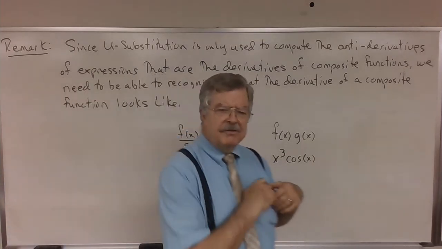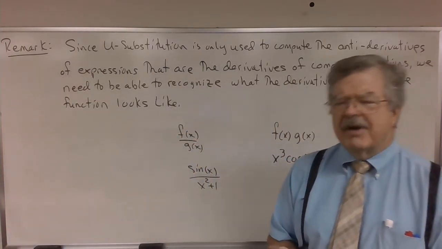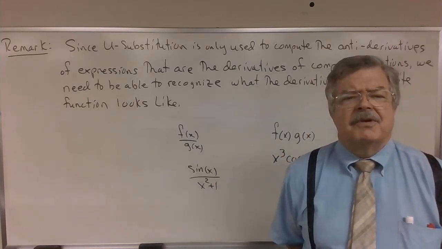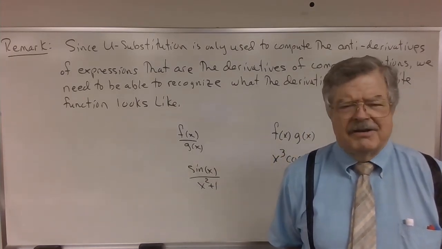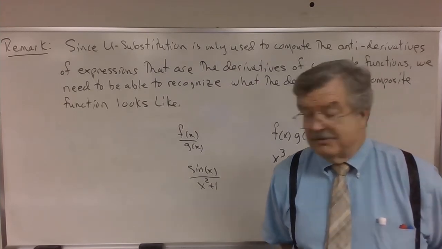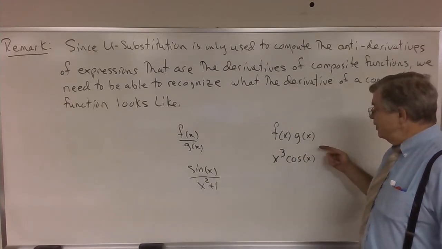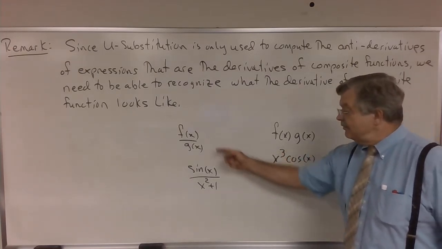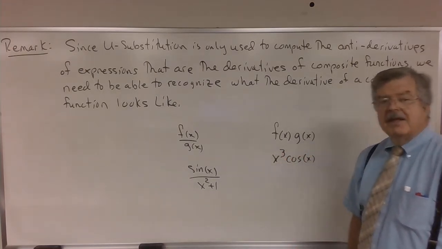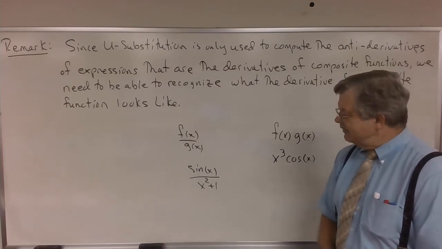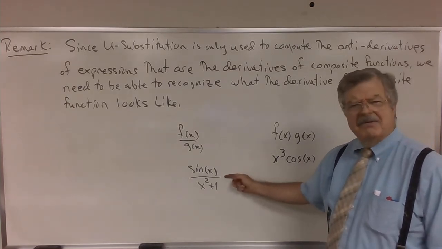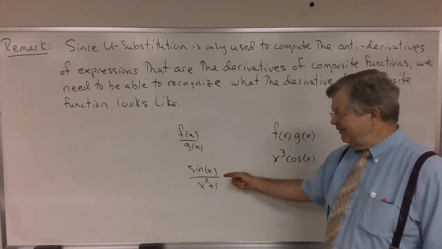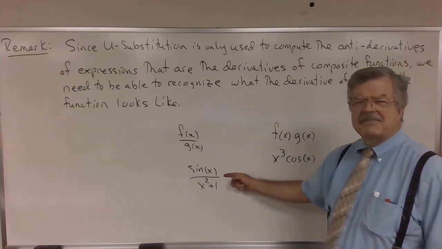And the thing is, for products and quotients and so forth, there's never really much of a dilemma trying to figure out what rule to use, because we always know a product when we see it. We always know a quotient when we see it. So we don't have to look at it and say, I don't know if this is a quotient or not.